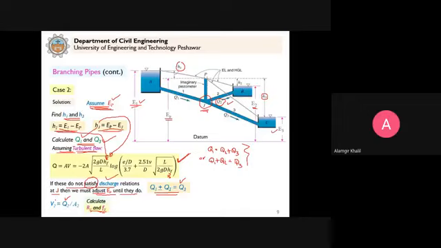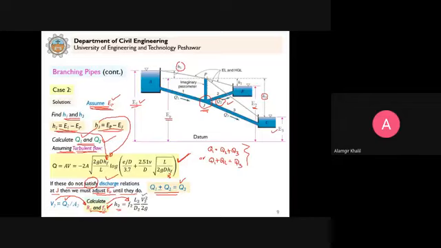From V2 you calculate R2, and then from R2 and E by D for pipe 2, you can calculate F2 from Moody's chart or Haaland equation, and this F2 you can put here to calculate H2.